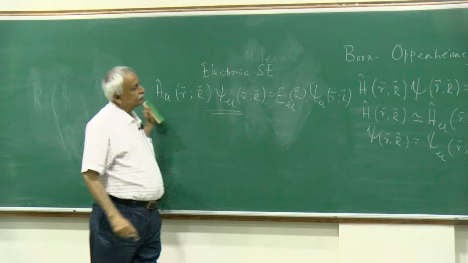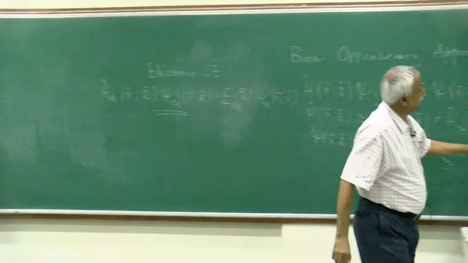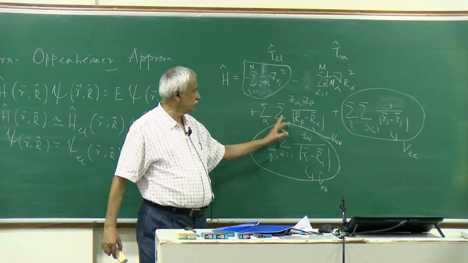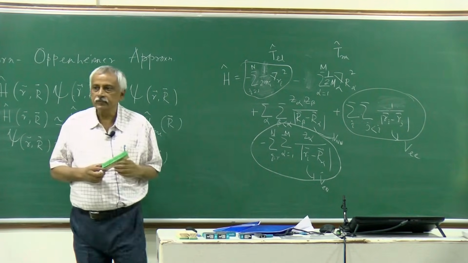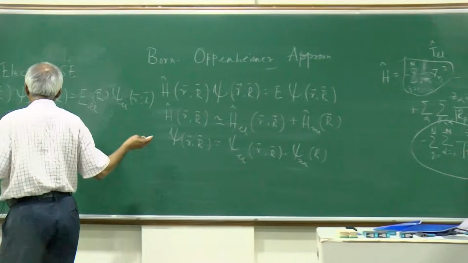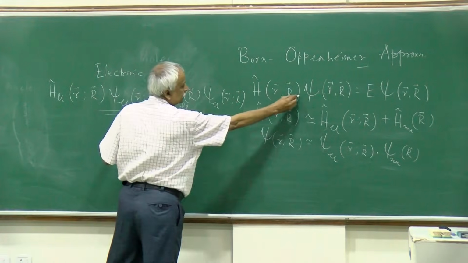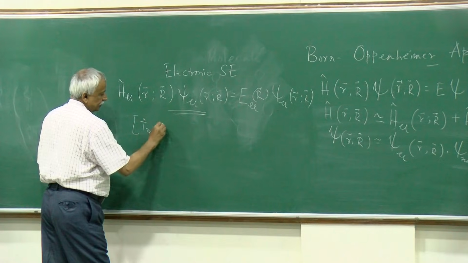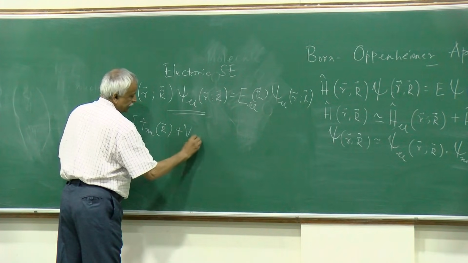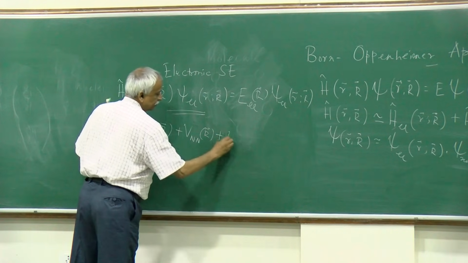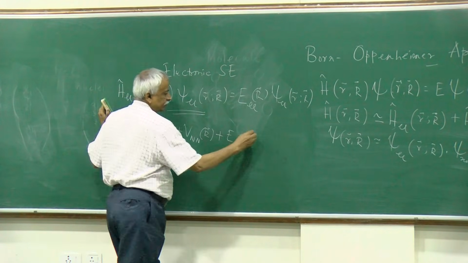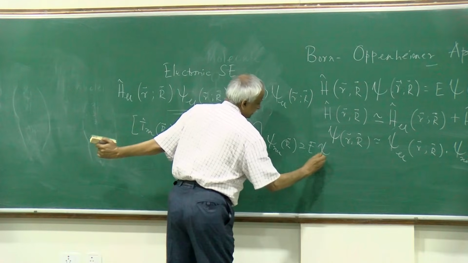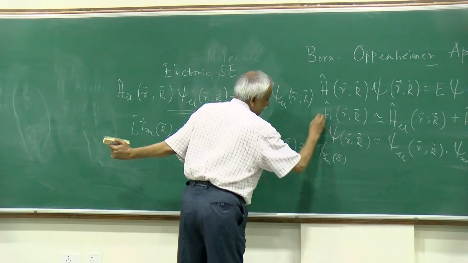And in addition, the remaining terms, like nuclear kinetic energy and nuclear repulsion, if you substitute them into this equation, what I get ultimately for the nuclear motion is: T_N(R) plus V_NN(R) plus E_electronic(R), acting on psi nuclear(R), equals E psi nuclear(R).